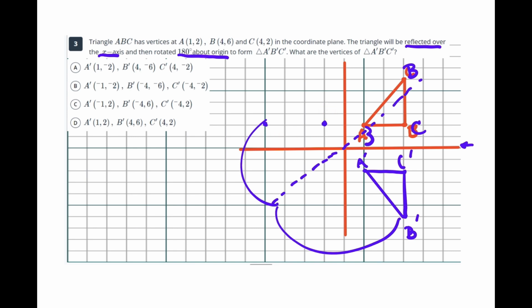And my B would end up here. So this is A double prime. And these are now my coordinates. So if you look at these double prime coordinates, these are them.